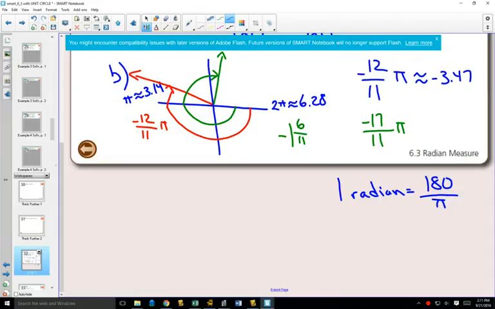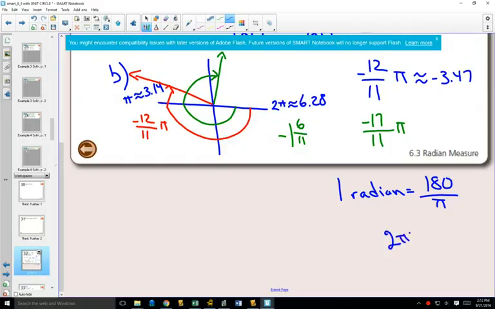If you're going to memorize these, you can easily mix them up, because you can see how one is 180 over pi and the other one's pi over 180. So a couple of things to help you remember them. One is you can always derive them. Start with what you know.